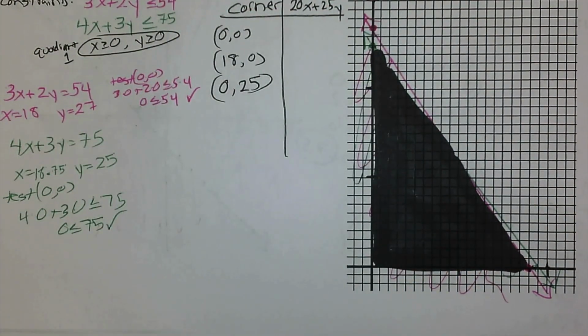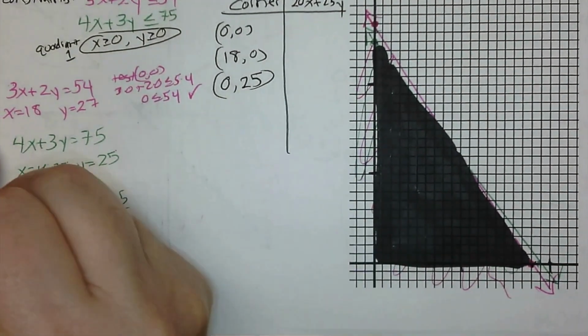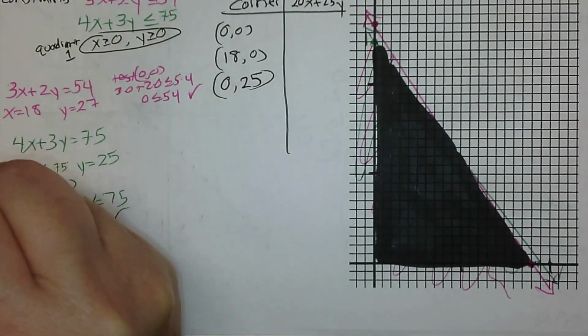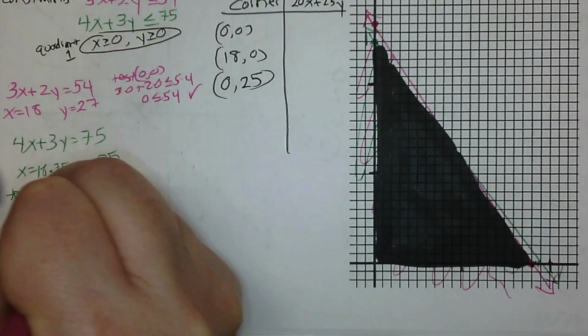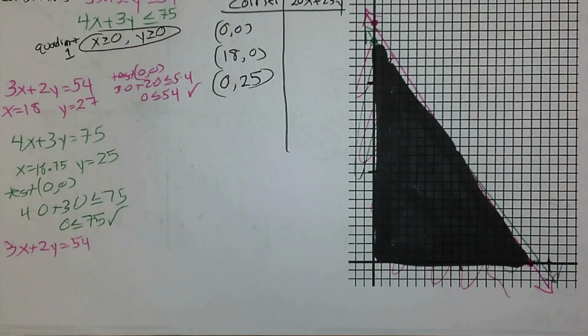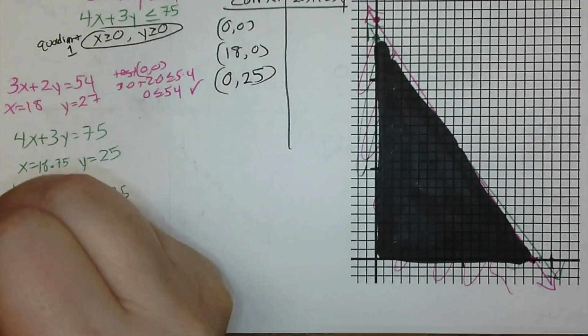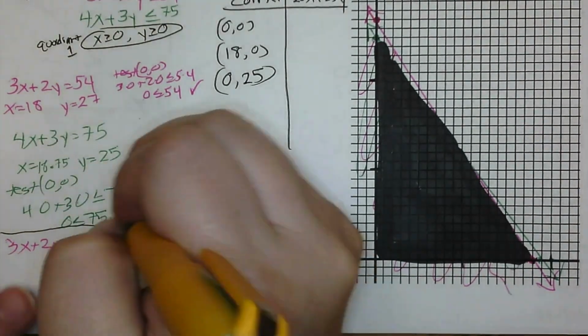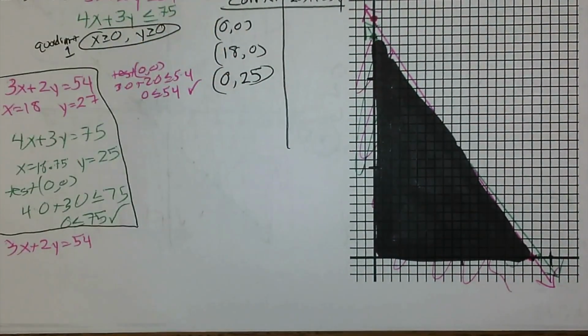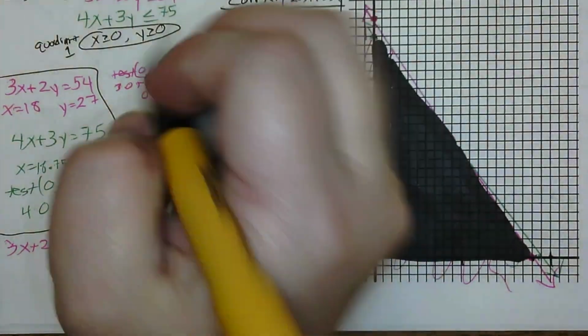And then the last one, we do have to figure out where the green and the pink crossed. So let's see here, I'll see if I can put that down here. 3x plus 2y equals 54. Put a little line here to separate this step. There we go. Oops, I forgot this part.